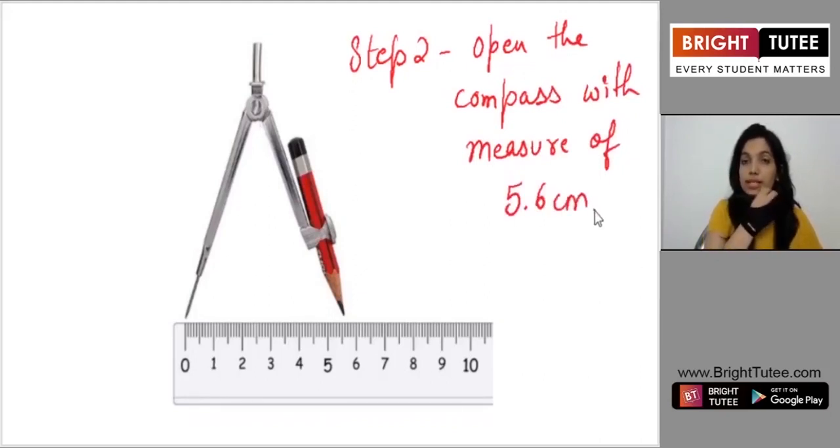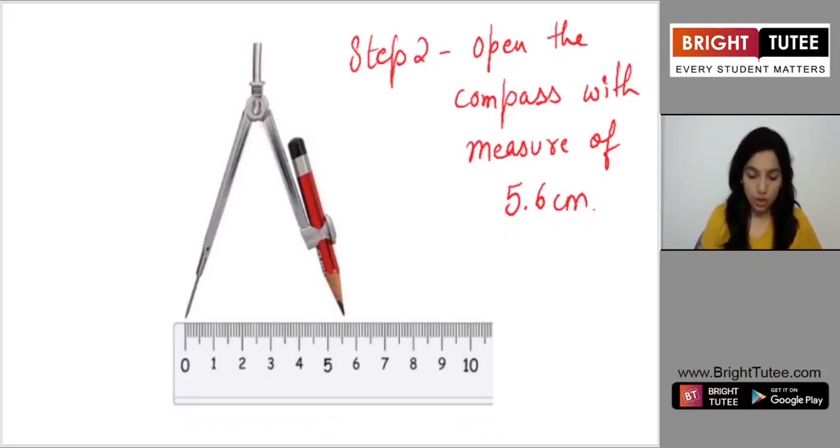So this is the second step, that we open the compass to a measure of 5.6 centimeter. And how do we do it? Keeping the pointer at the mark where we see 0 on the ruler and the pencil where we see the mark of 5.6 on the ruler.